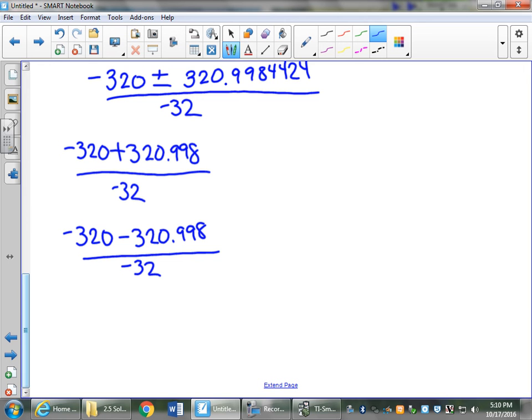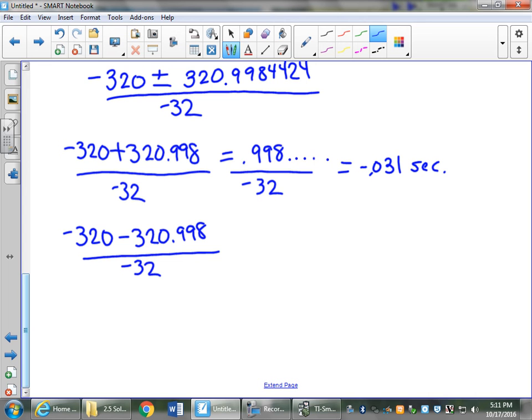In the top, negative 320 plus the 320.998 is just going to be the 0.998, etc., over negative 32. And if I divide by negative 32, I'm going to get approximately negative 0.031 seconds.